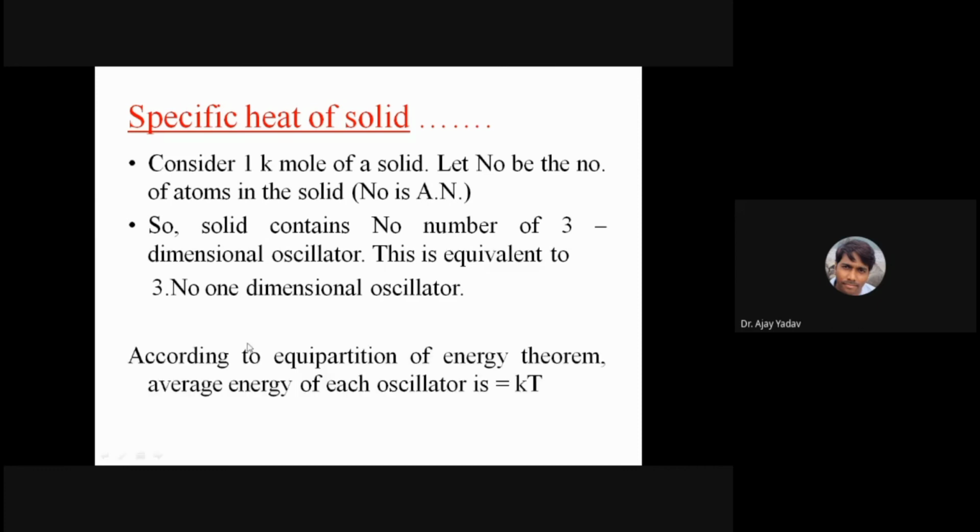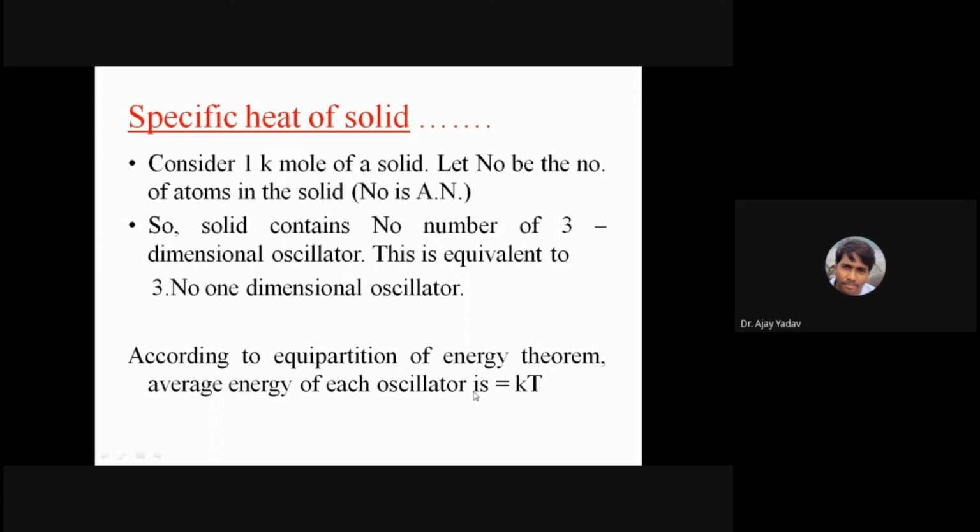Okay, so we can use the equipartition. Dulong and Petit used the law of equipartition of energy theorem, according to which the average energy of every one-dimensional oscillator is kT. Half kT is for potential, half kT is for the kinetic. So the average energy of a one-dimensional oscillator is 1 kT.